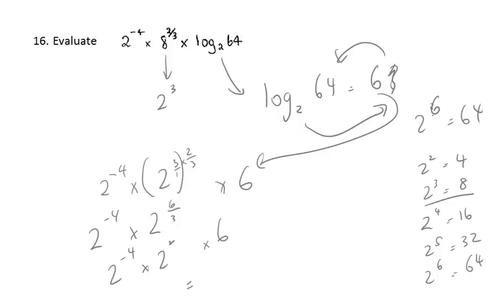So now we're going to have 2 to the power of minus 4 plus 2, which is minus 2, times 6, which is the same as 6 divided by 2 squared, or 6 on 4. We simplify, divide by 2, and that will give us 3 on 2.